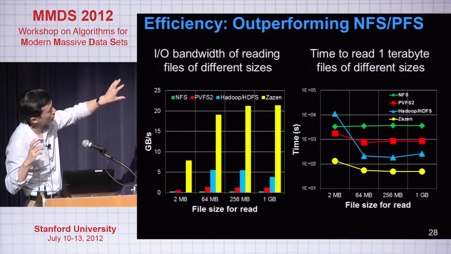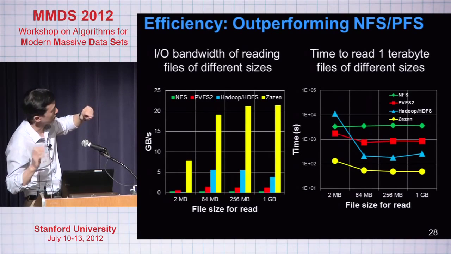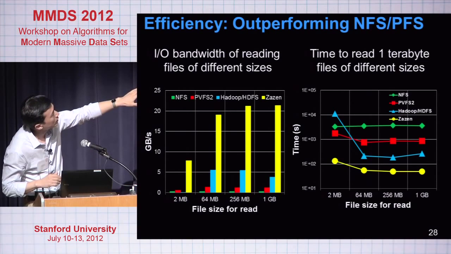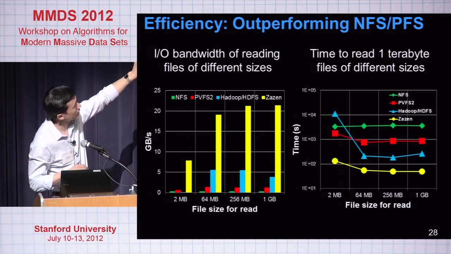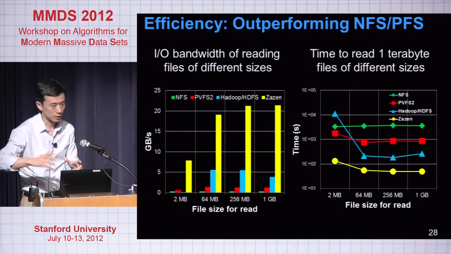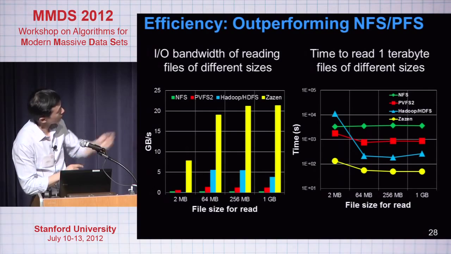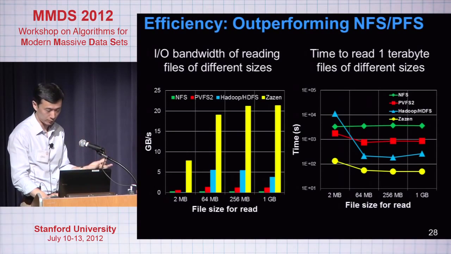This set of tests was performed on 100 high-end Linux cluster nodes. NFS didn't perform very well as expected, and Hadoop has problems with small files. This is 1 terabyte of data configured in different numbers of files of different sizes. But I just want to deliver the point that this caching mechanism worked in practice.